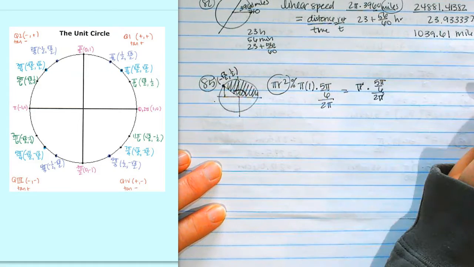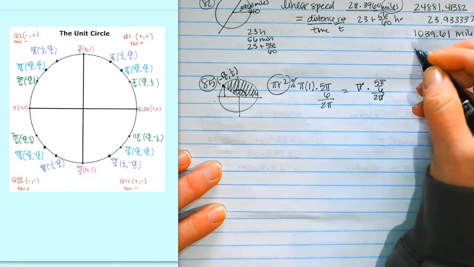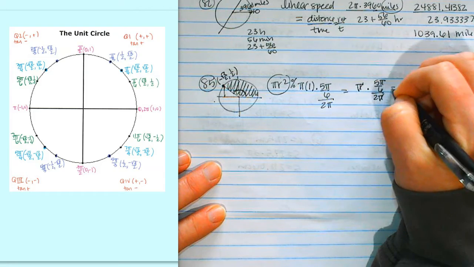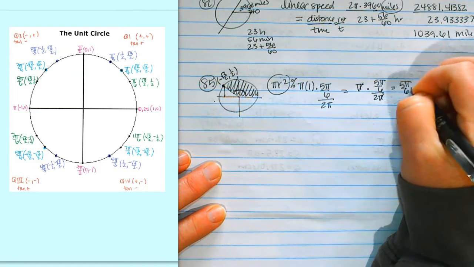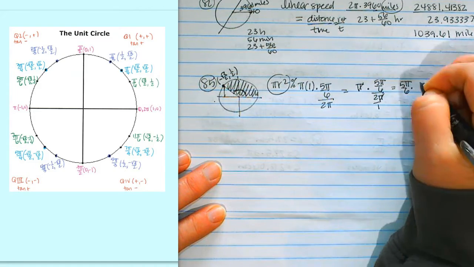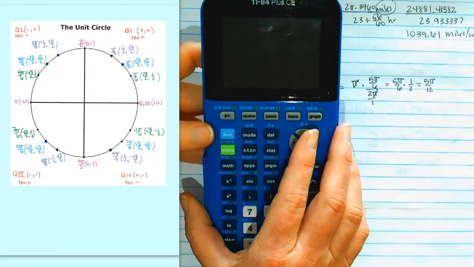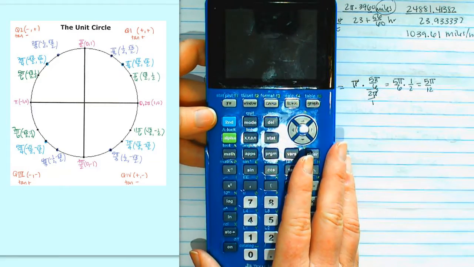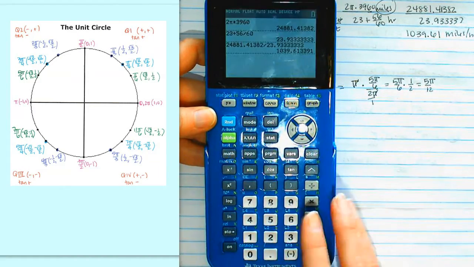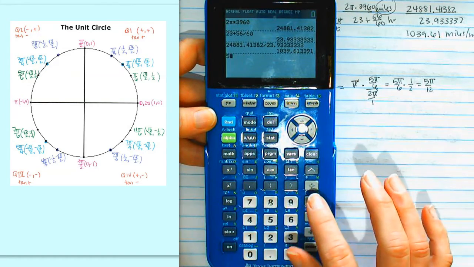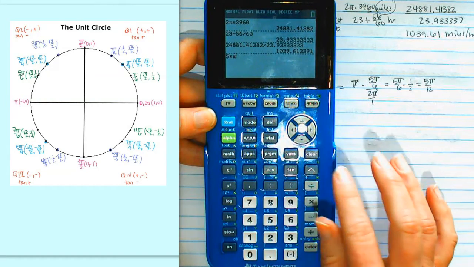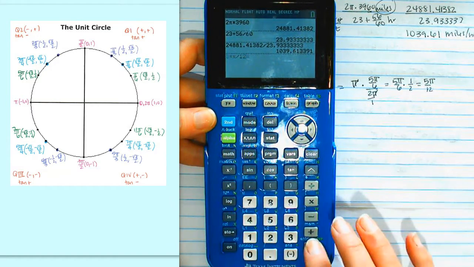My pi's will cancel. That makes it a little bit simpler. And then that's equal to 5 pi over 6 times 2 over 1, or 1/2. That's 5 pi over 12.